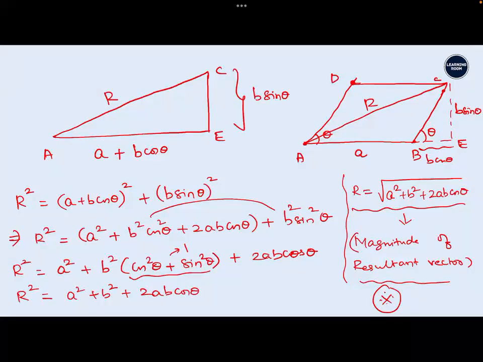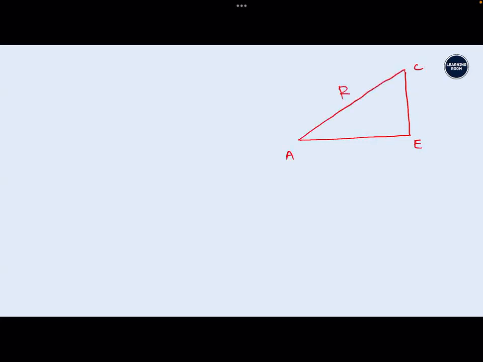And the next point related to the parallelogram law of vectors is, you remember we drew this right angle triangle CEA, and AC gave you the resultant, where CE was B sin theta and AE was A plus B cos theta. If you see, the resultant is making an angle, let's call that angle alpha, with the A vector, or the AE vector.